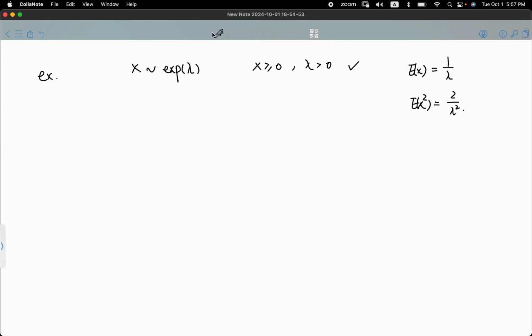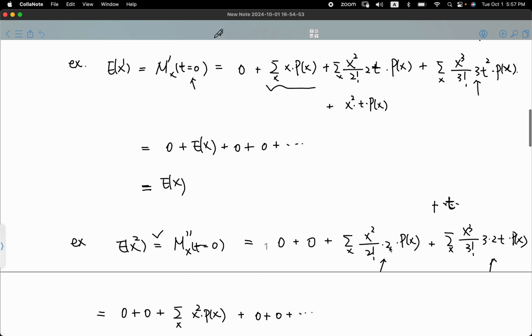But first of all, we need to calculate the moment-generating function for an exponential distribution. What we did here refers to any arbitrary probability distribution. Here we did not specify the closed form expression for p(x).